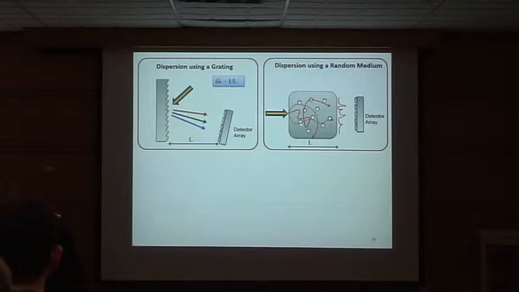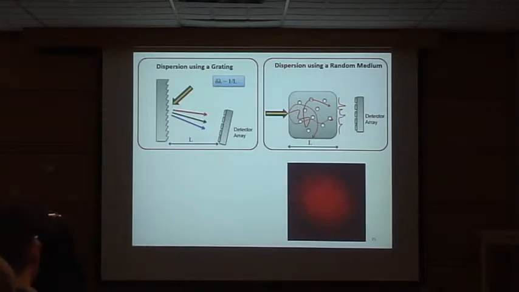It actually goes through many different paths. So at the end, what do they generate? A speckle. But the good thing is that this speckle is different for different wavelengths. Okay? So that means that if you're coming in with a different color, then you generate a different speckle. So this speckle actually can be used as a fingerprint to recover the input spectrum.